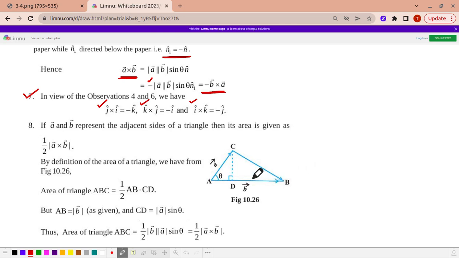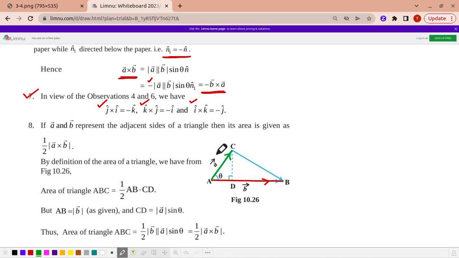If you look into the adjoining diagram, ABC is a triangle in which AB is represented by a vector B, for example. So, this is the vector B, and AC is another vector, represented by A.